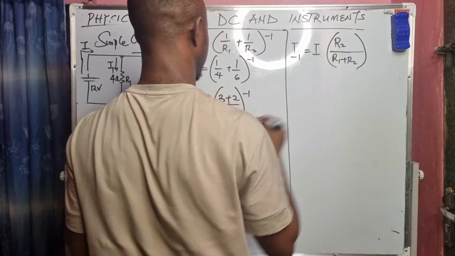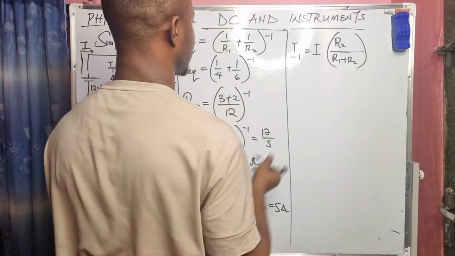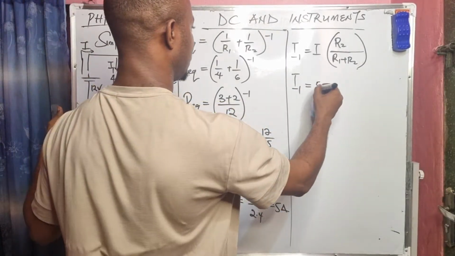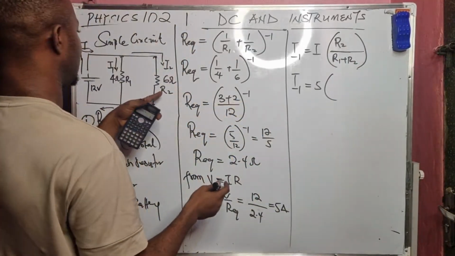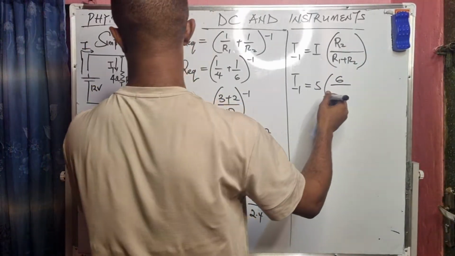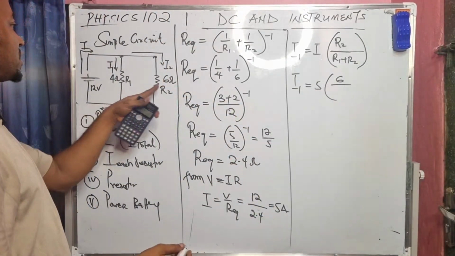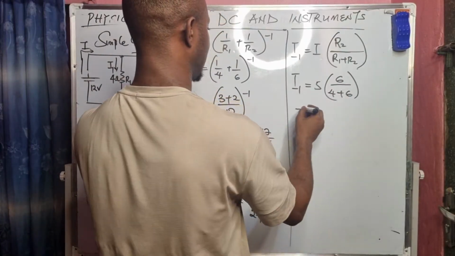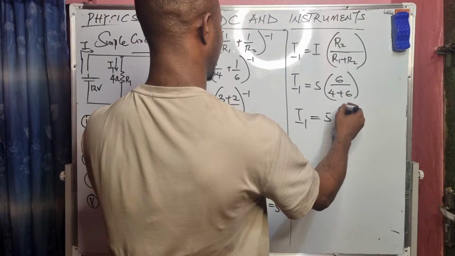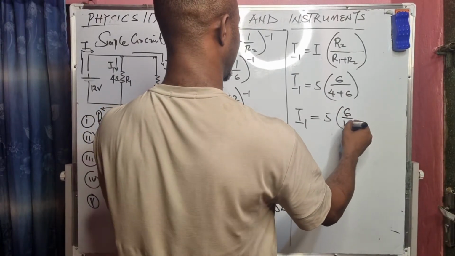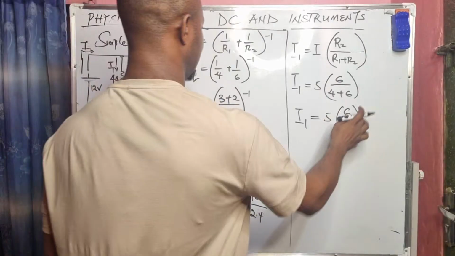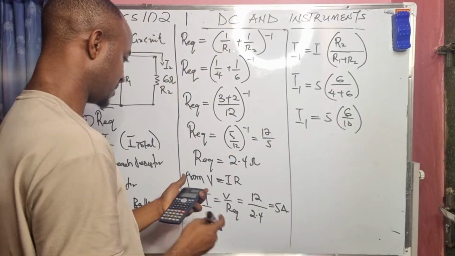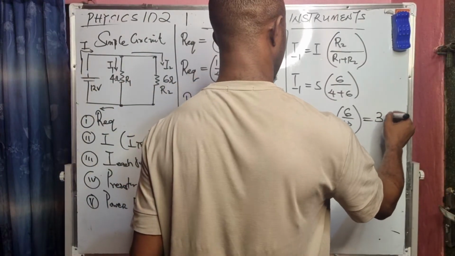So I1 equals 5 times 6 over 4 plus 6, which is 5 times 6 is 30, divided by 10 gives us 3 amp. So our I1 is 3 ampere.